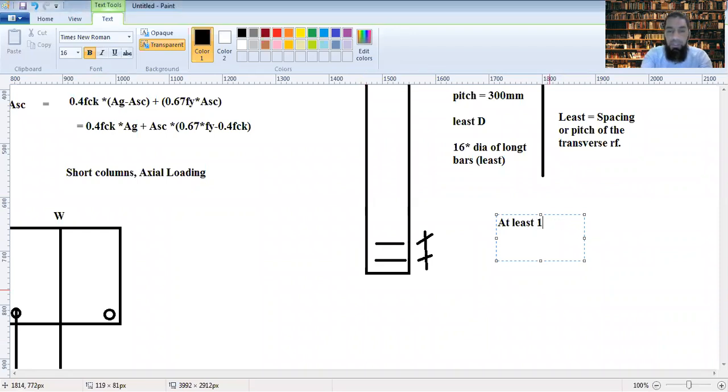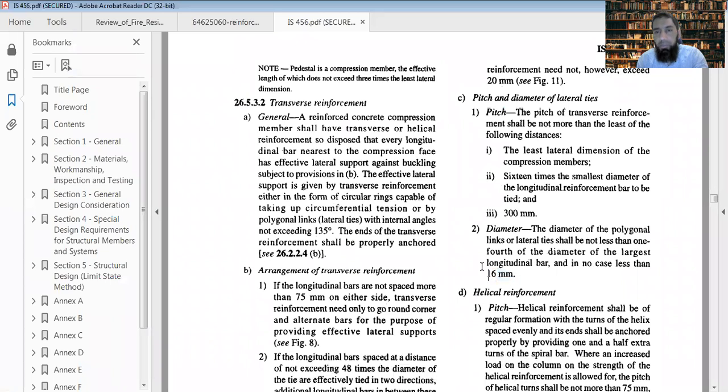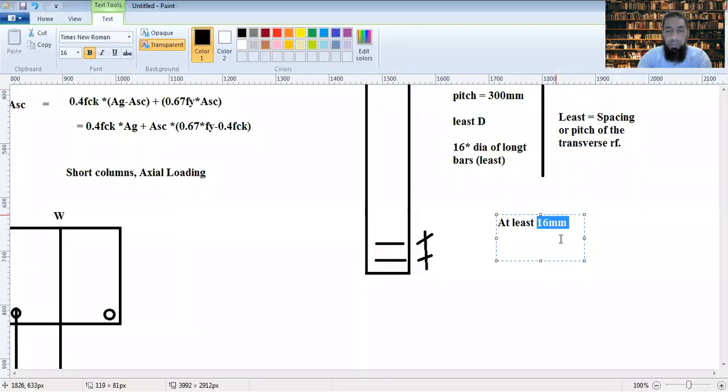Sorry, 16 mm in case of columns. It should be 8 mm. This is wrong, and in no case less than 16 mm is wrong. There is a change in this code.